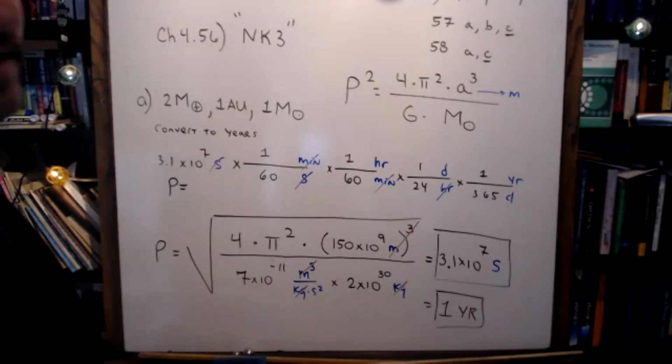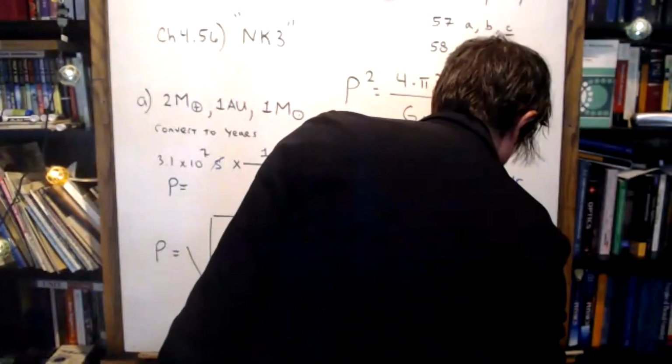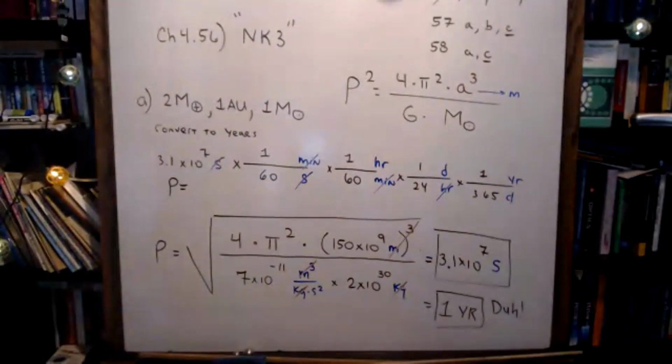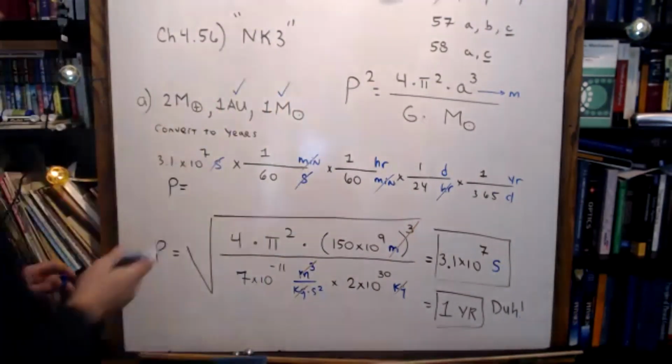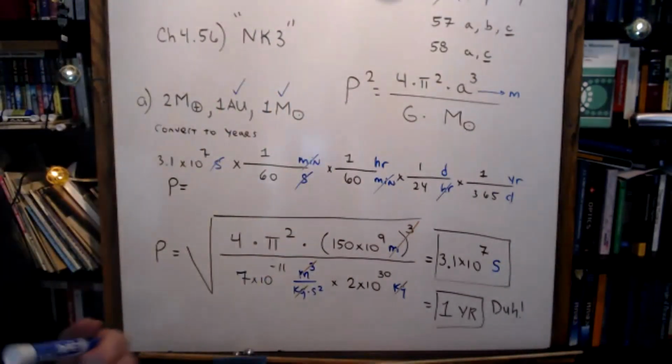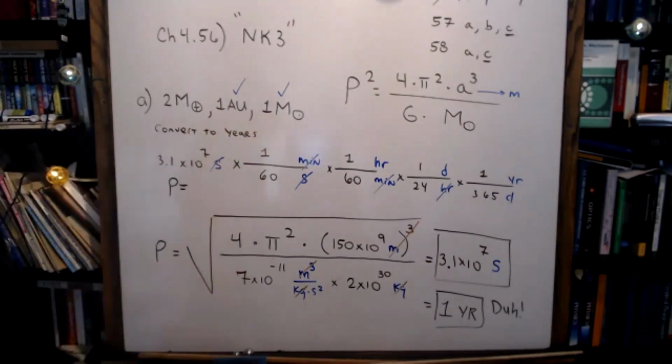And you know what you should write next to that? You should write, duh. Of course it's 1 year, guys. You have a planet orbiting the sun at 1 AU. Any planet which orbits the same sun at the same distance will have the same period as Earth.